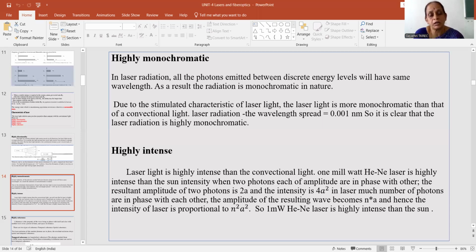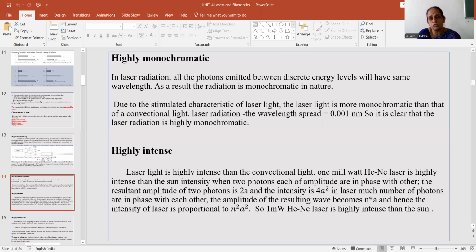Let us see the next characteristic, which is highly intense. Laser light is highly intensified compared to normal light. For example, a 1 milliwatt helium neon laser is more intense than the sun.